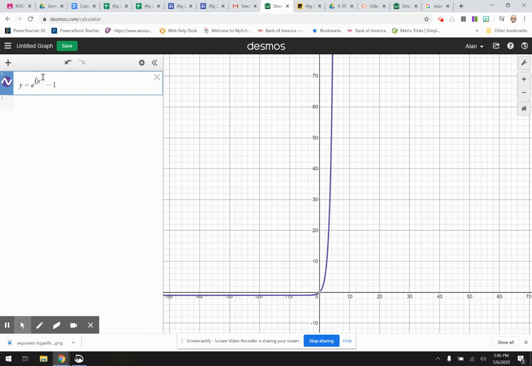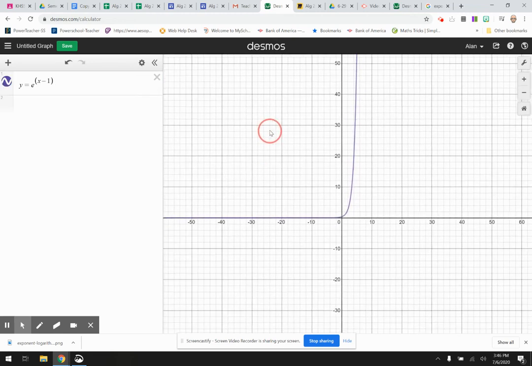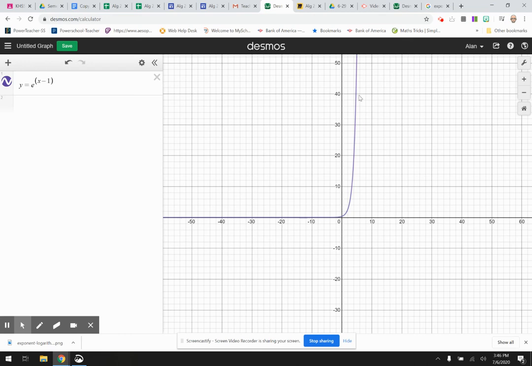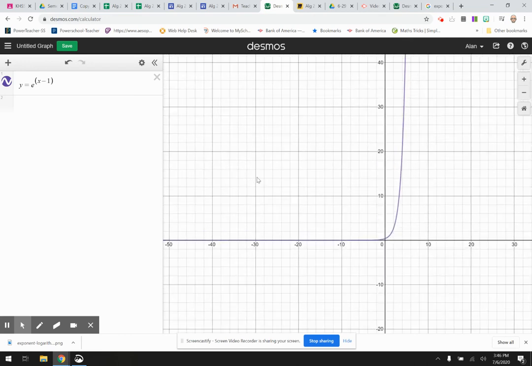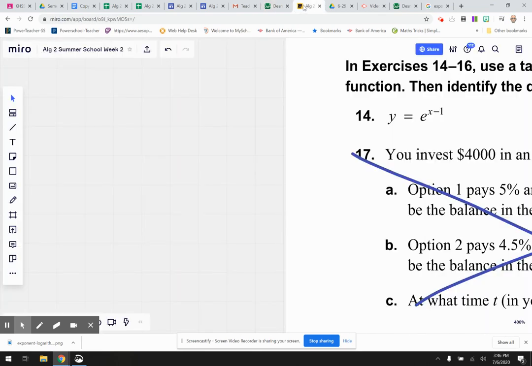I'm not sure if it's putting it up there on x. Okay, now we've got it. All right, there it is right there. Okay, so that's our exponential growth. See how fast it goes up, really fast. Once you pass 0 here, it starts flying up. And that's our function.